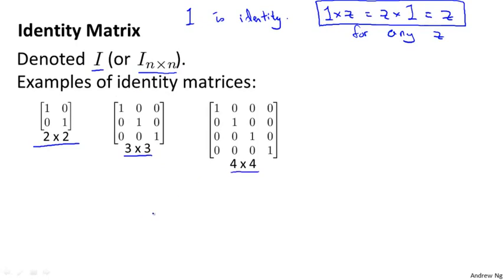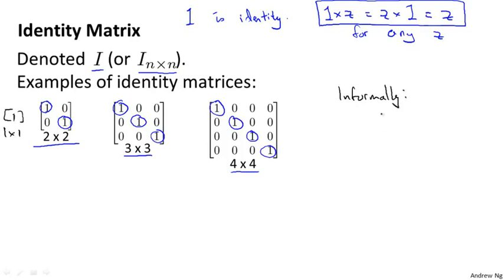So the identity matrix has the property that it has 1s along the diagonal, right, and so on, and 0 everywhere else. By the way, the 1 by 1 identity matrix is just the number 1. It's the 1 by 1 matrix with just 1 in it. So it's not a very interesting identity matrix. And informally, when I or others are being sloppy, very often we'll write the identity matrix using the following notation.